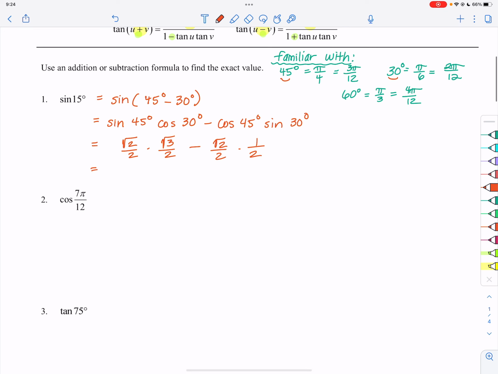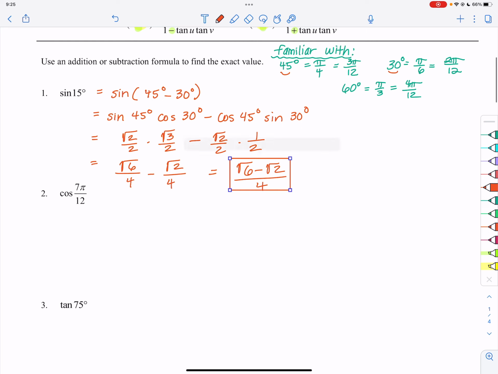So here we have root 6 divided by 4 minus root 2 divided by 4. And now we have root 6 minus root 2 all over 4. Okay?